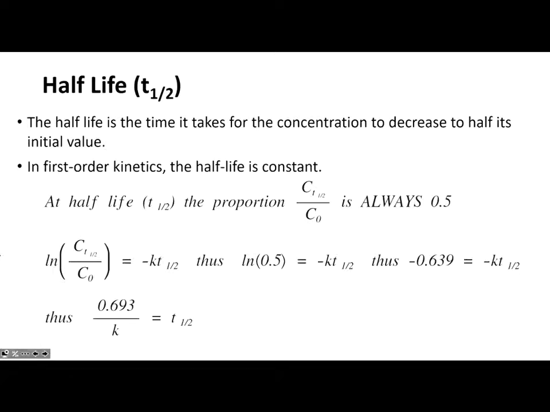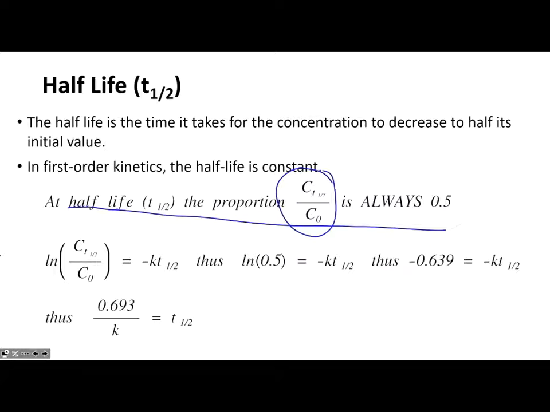We know what's special about that time. It's the time that it takes for one concentration to fall to half of that concentration, to 50% of that. That's why, and this is an important idea, for a half-life, the proportion of the concentration you're looking at over the initial concentration you started at is always going to be 0.5, because it's the time it takes for the concentration to fall by 50%.